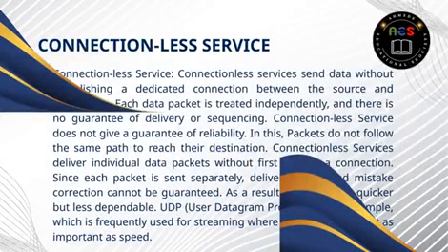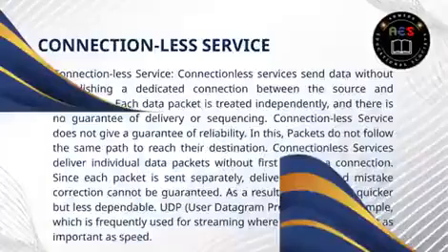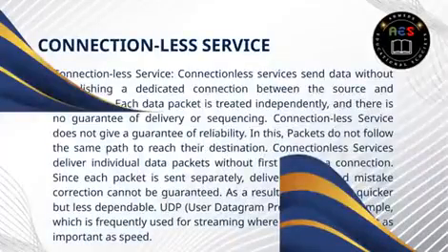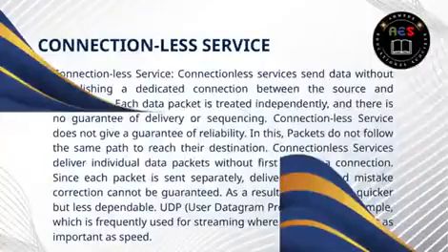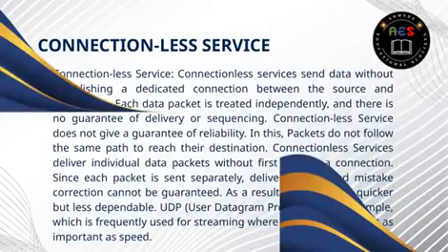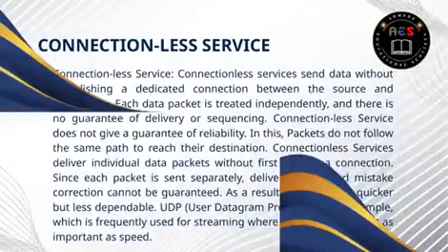Another key point is that packets don't follow the same path to reach their destination, which can make delivery faster but also less predictable. Each packet is sent separately, so we can't ensure they arrive in order or correct any mistakes along the way. This makes the process quicker, but it also means it's less dependable. A common example of this is UDP, the User Datagram Protocol.